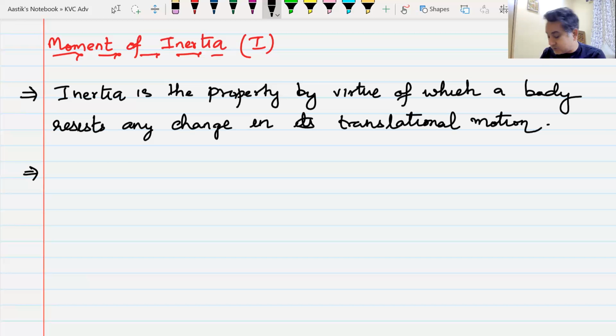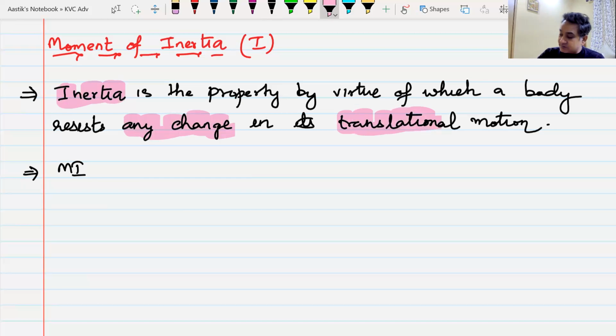What is MI? It's not mission impossible, it is moment of inertia. What is moment of inertia then? Inertia resists any change in its translational motion. That is a hint. So what is moment of inertia? Moment of inertia is a property by virtue of which any body resists any change in its rotational motion.